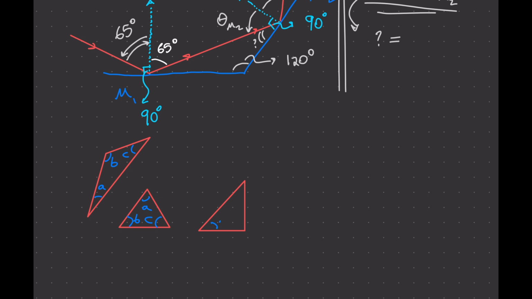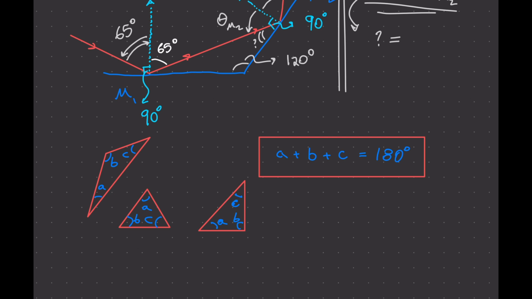They could be different angles, but you could label each of these angles with some letter. You don't know what these angles are, but you could just label them as variables A, B, and C. One fact about triangles, and this applies to all triangles, is if you sum up all the angles on the inside of a triangle, you get 180 degrees.